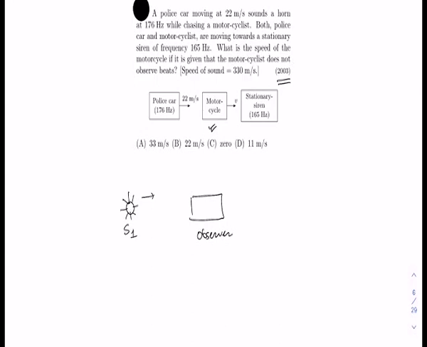It is moving towards the motorcyclist, and the motorcyclist is moving away from the source police car with velocity v. And then we have also a stationary source, so let us say that is S2, and this is at rest. So capital V is equal to 0 here.